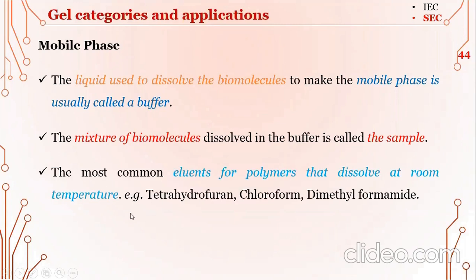And the most common eluents for polymers that dissolve at room temperature, for example, tetrahydrofuran, chloroform, dimethylformamide, so DMF, they are the common eluents being used in chromatography.